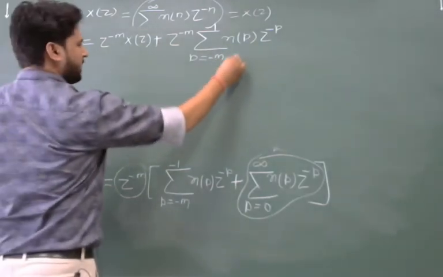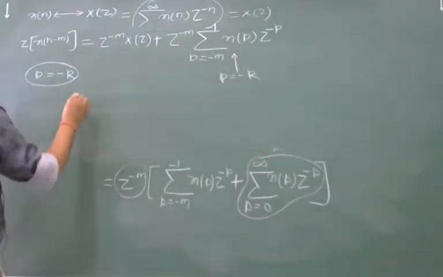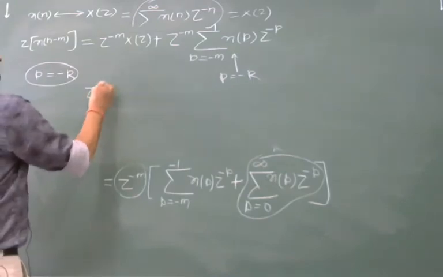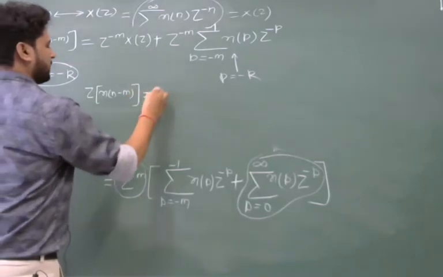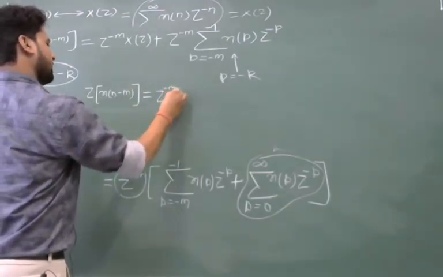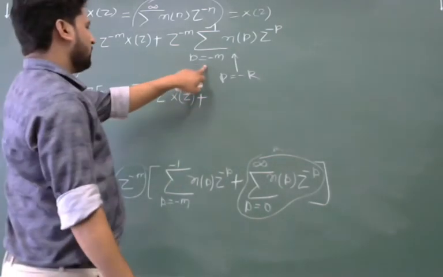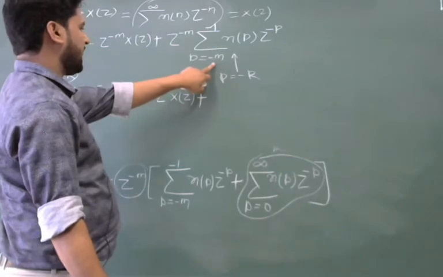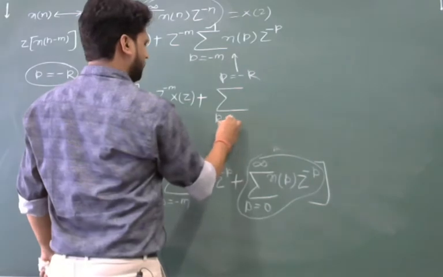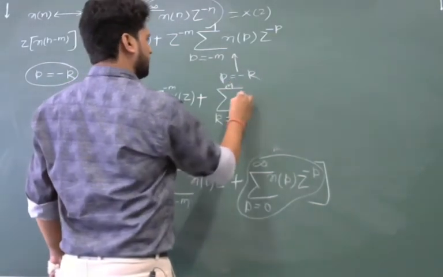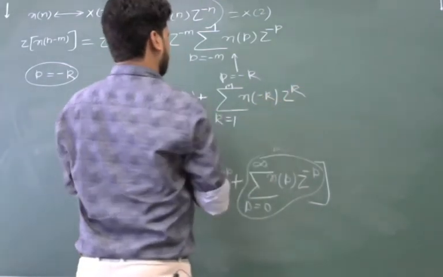In this term, if I put p is equal to minus k, then the z transform of x of n minus m will be equal to z power minus m x of z plus, now when this will become minus k, k from 1 to m x of minus k into z power k.